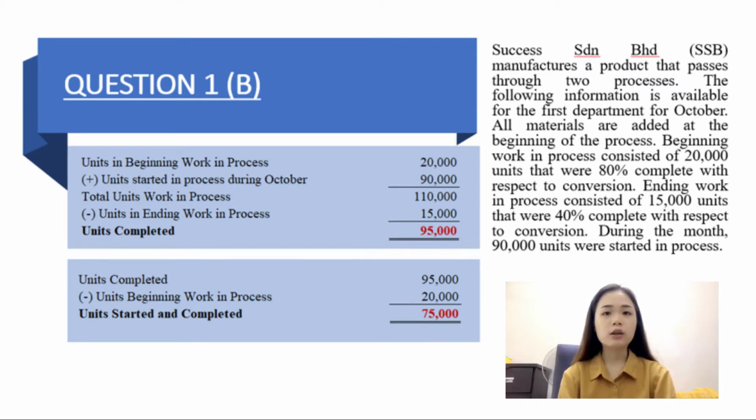To find the total units started and completed, we need to use units completed, which is 95,000, minus units in beginning work in process, which is 20,000 units, equal to 75,000 units.